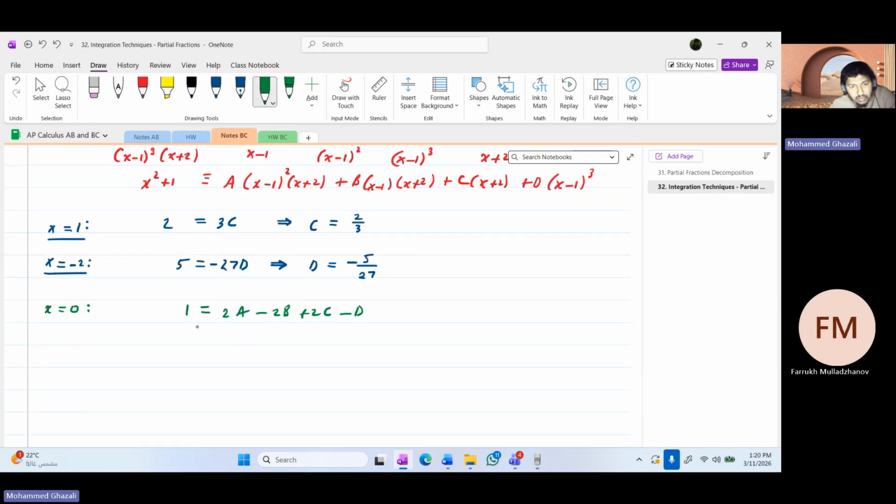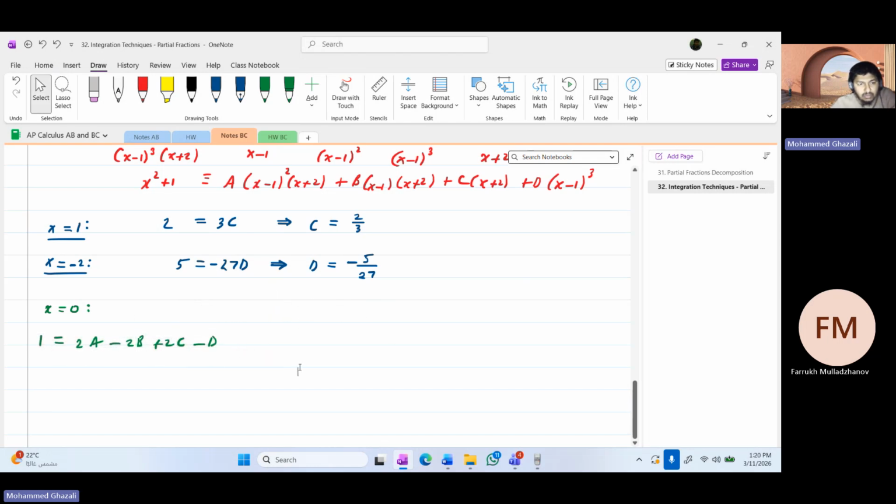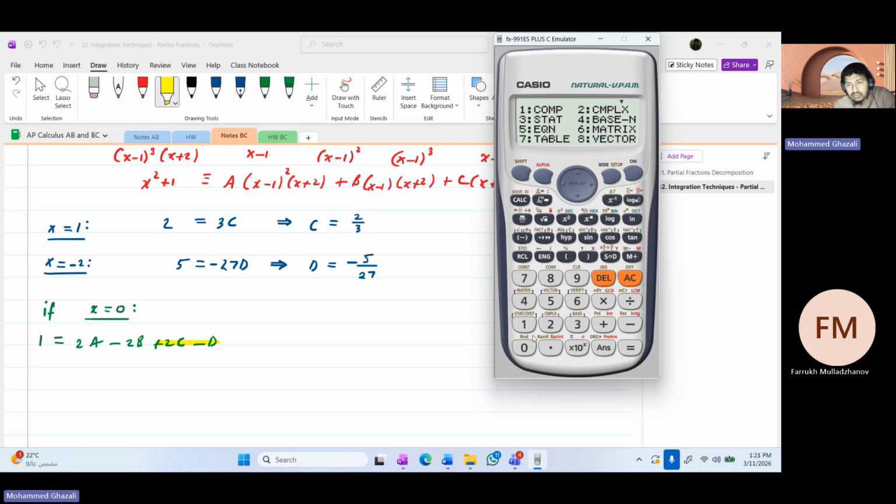So I can write down an equation here. Because we might need to solve simultaneous equations, let me write this. If x is equal to 0, let's structure it out like this because we won't be able to solve it, because we've got two unknowns. So I want to find the value of 2C minus D, 2 times C minus D. So 2 times C. What is C? 2/3, right?